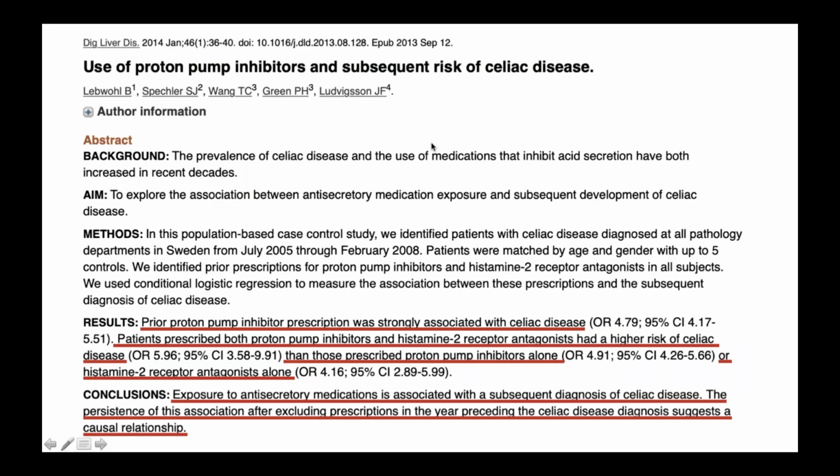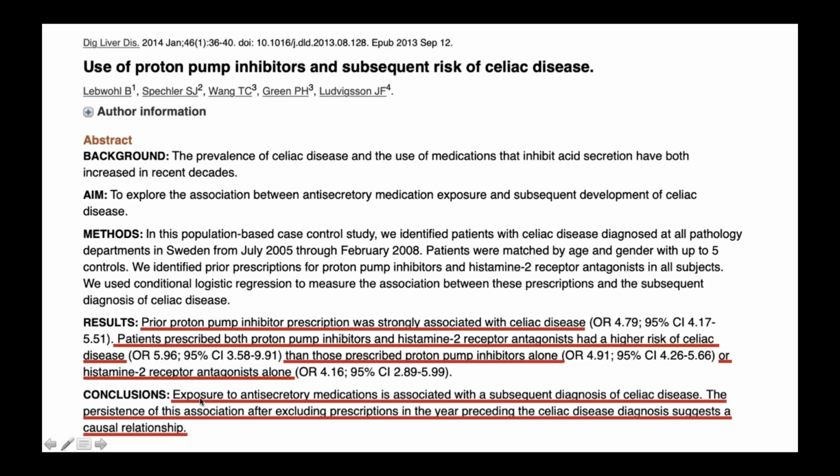Also, just of note here is a relatively recent study titled Use of Proton Pump Inhibitors and Subsequent Risk of Celiac Disease. And they say in their results, prior proton pump inhibitor prescription was strongly associated with celiac disease. Patients prescribed both proton pump inhibitors and histamine 2 receptor antagonists had a higher risk of celiac disease than those prescribed proton pump inhibitor use alone, or histamine 2 receptor antagonists alone.